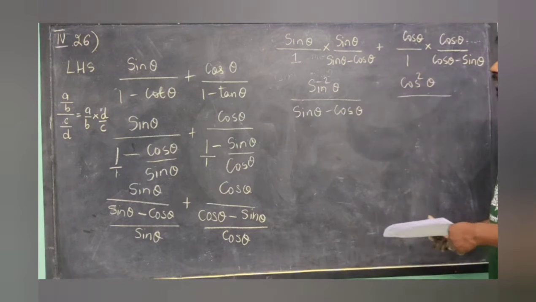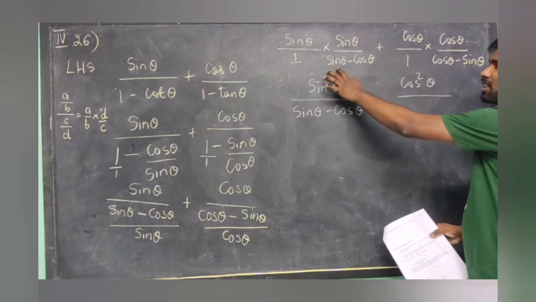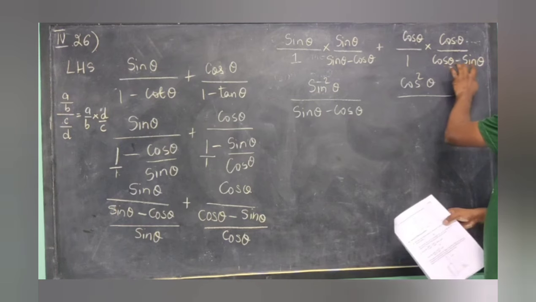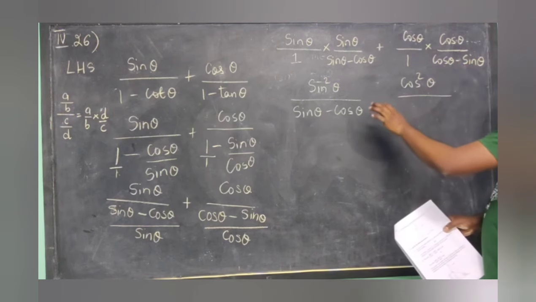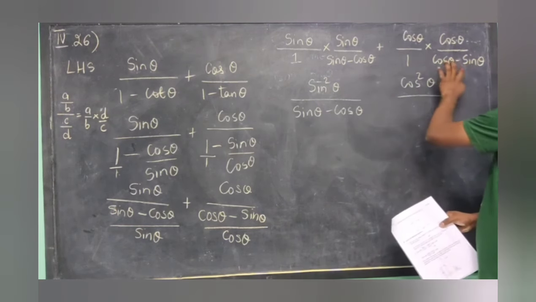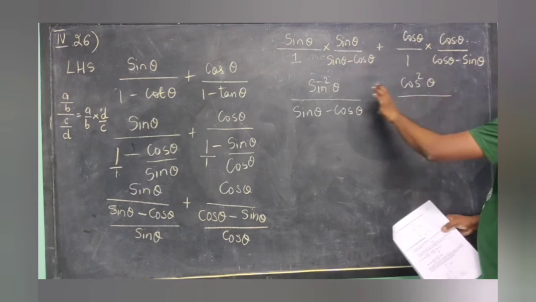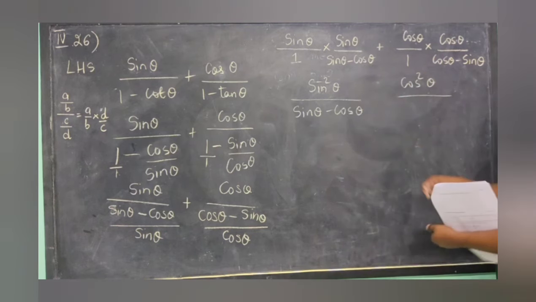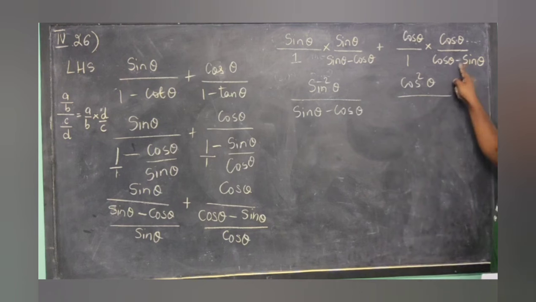Students, if you observe, here we have sin theta minus cos theta, here we have cos theta minus sin theta. What I will do now, I will make this denominator same so that it will be easy for me to simplify. I will take the minus common here.